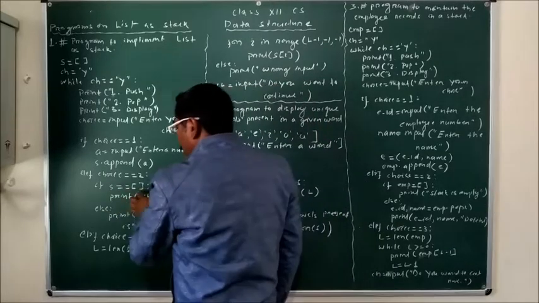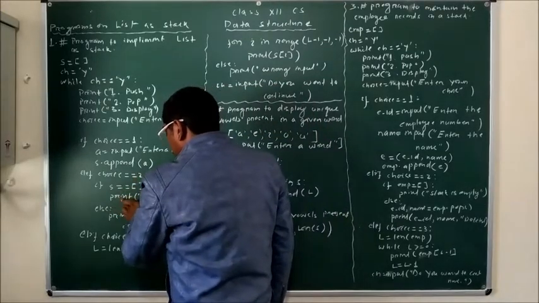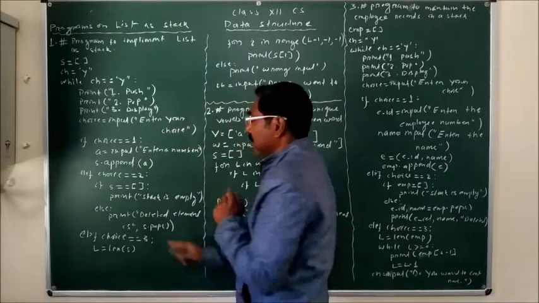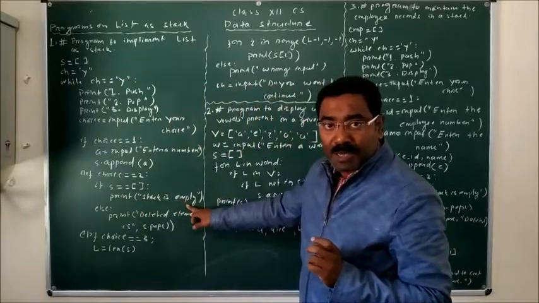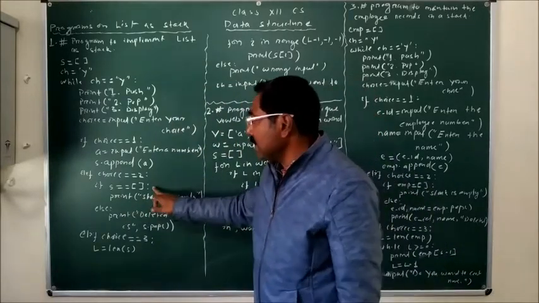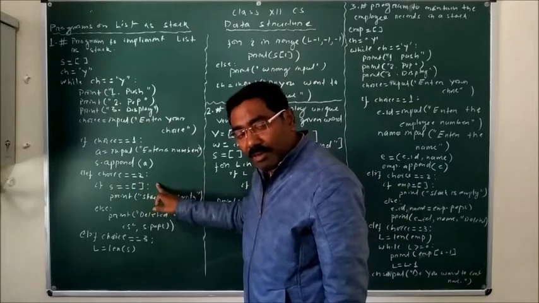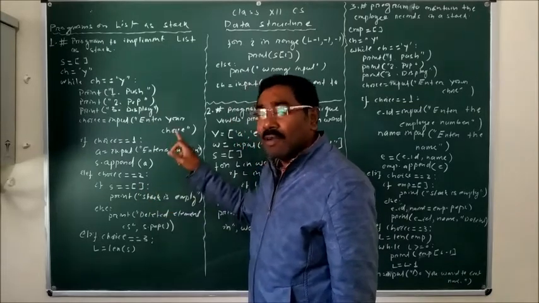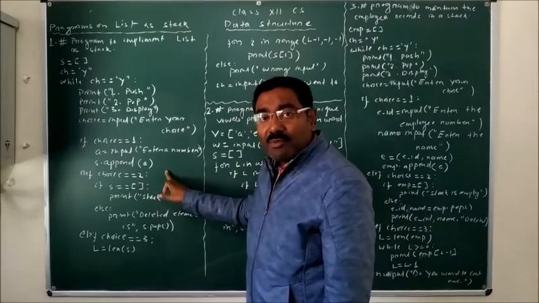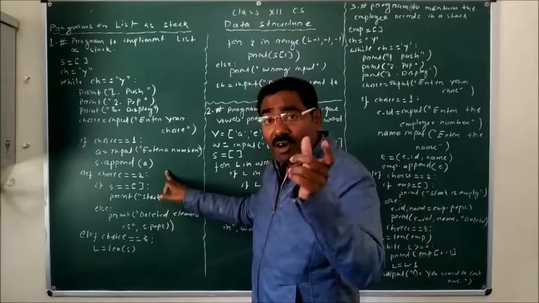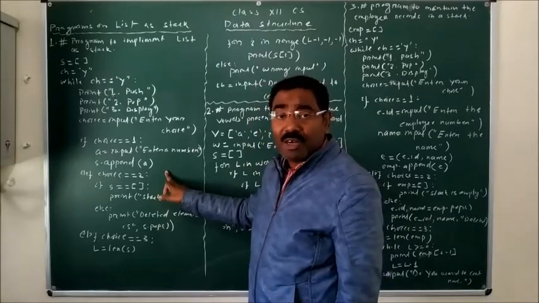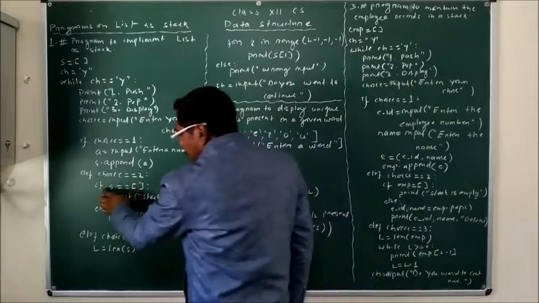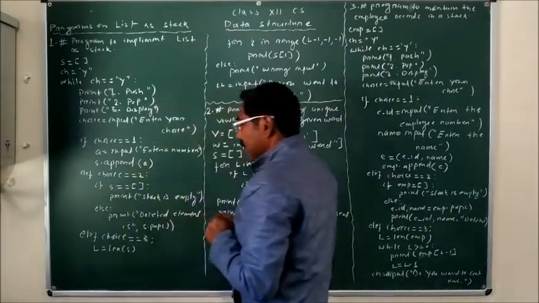If nothing is stored in the stack, then print stack is empty, and it will display stack is empty. If this condition fails, that means the stack is not empty, some values are there, and whatever the values are, the last value or the top value should be removed from the stack. So if this condition fails, then the else statement will execute.